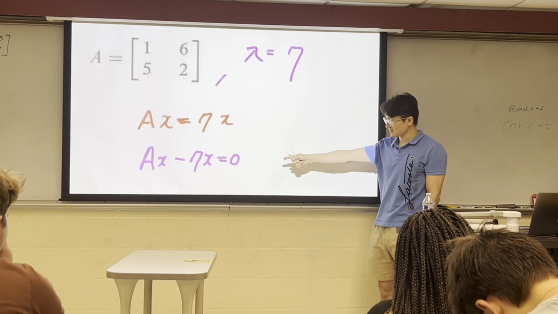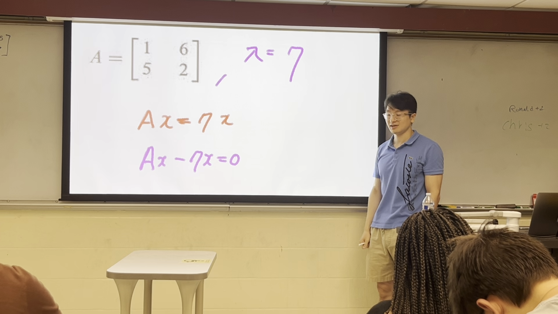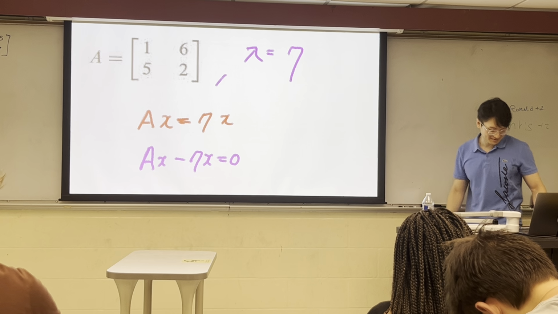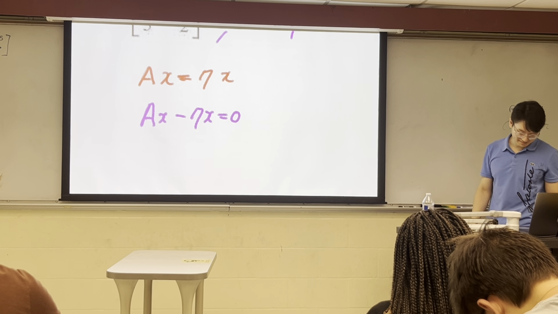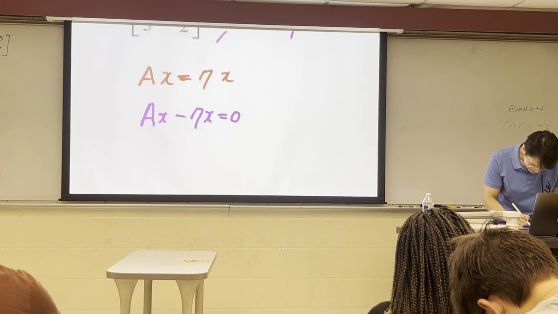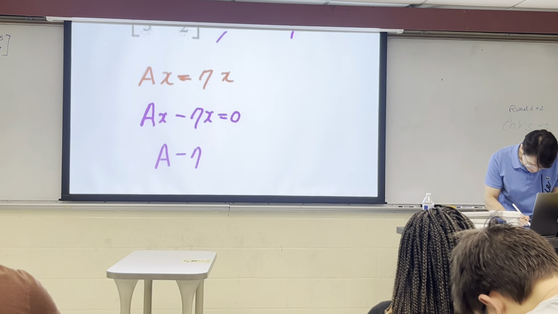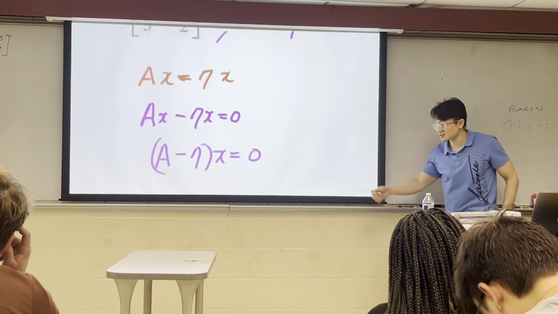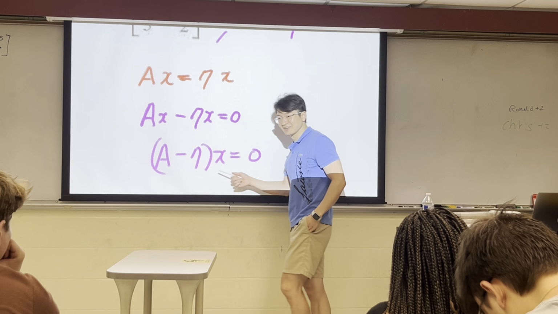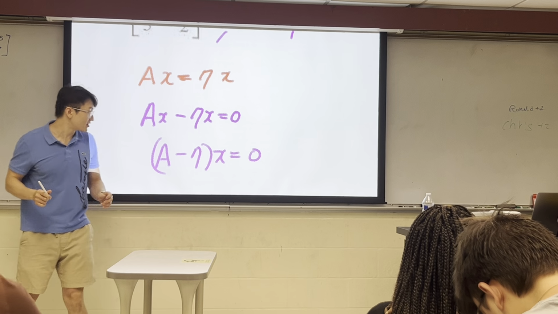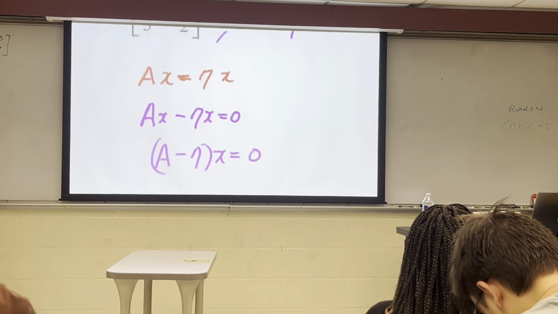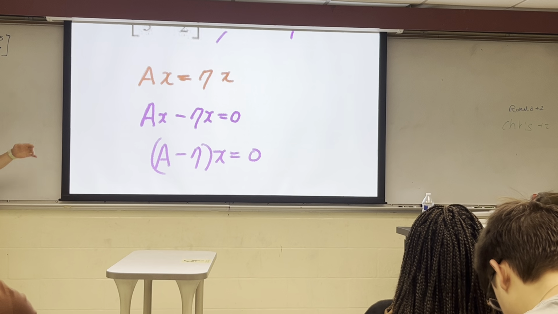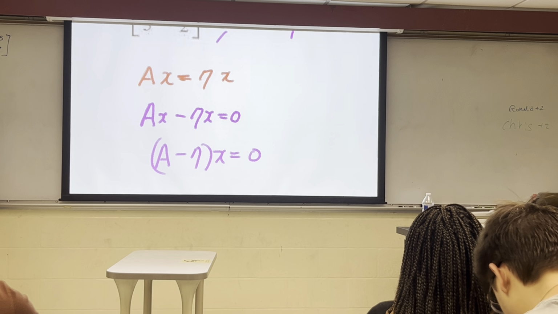Can I factor it out? How? Pull out the x. We have x times A minus 7. If you do this, you get 0. But that's not valid. Why?